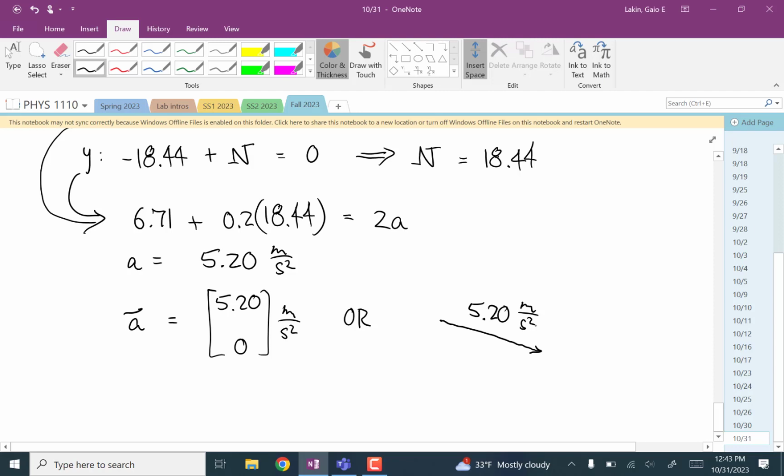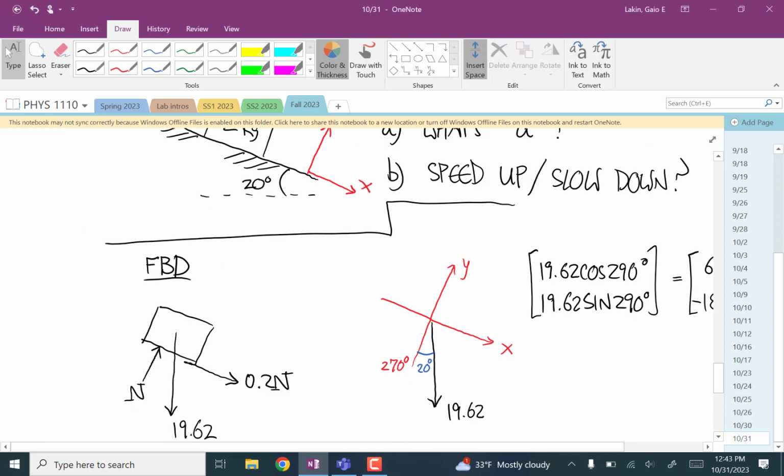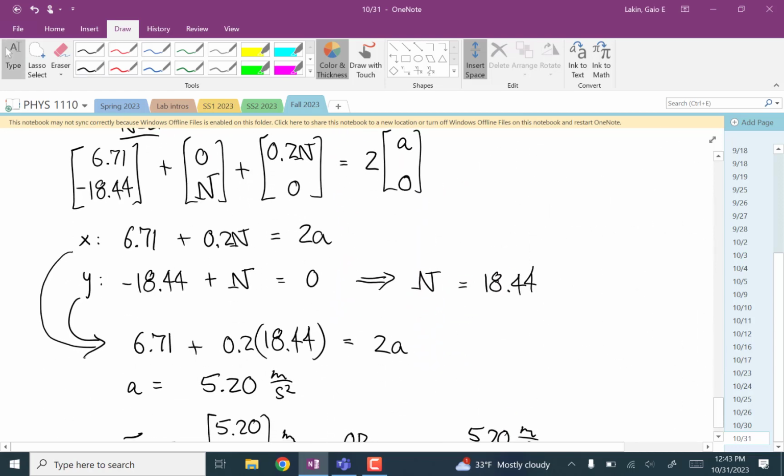So in this case, is it speeding up or slowing down? Slowing down. Very good. Yeah, the velocity and acceleration are in opposite directions, and so it's slowing down.